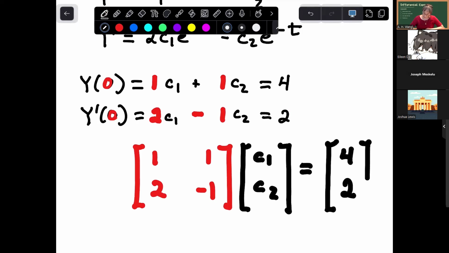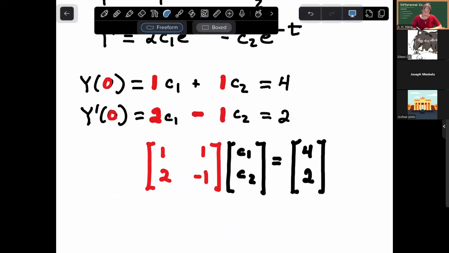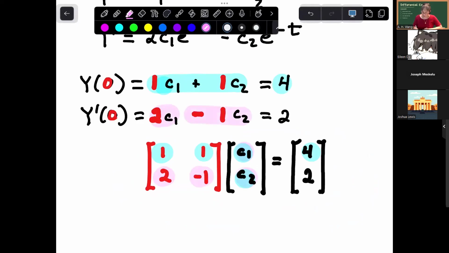You can write this equation as a matrix equation. The way it works is you go this times this, plus this times this, so that's this part right here, equal that guy. Then this times this, plus this times this is equal to this guy. And that is writing it as a matrix equation, okay?